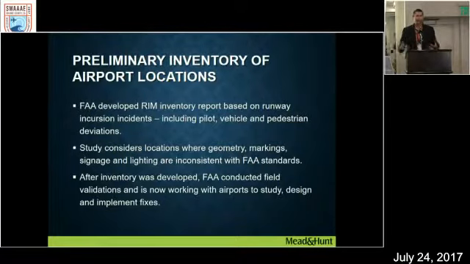As they compiled these lists, the study considered locations of geometry, pavement markings, signage, lighting, and potential inconsistencies with FAA standards. After the FAA prepared the preliminary inventory report, they conducted field investigations and validations, and are now working with the airports to further look into the studies, design, and how to implement these fixes.